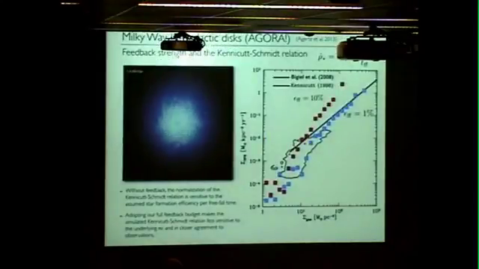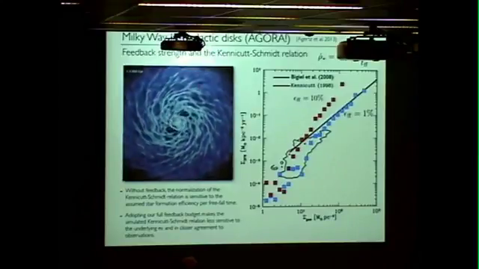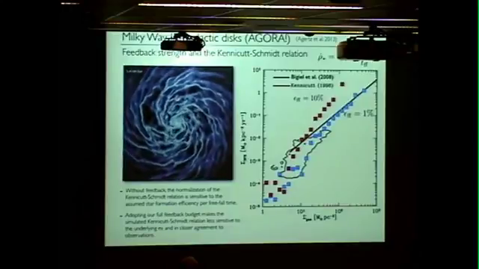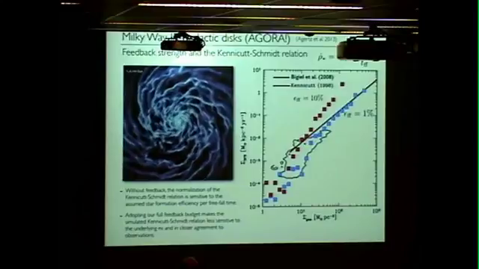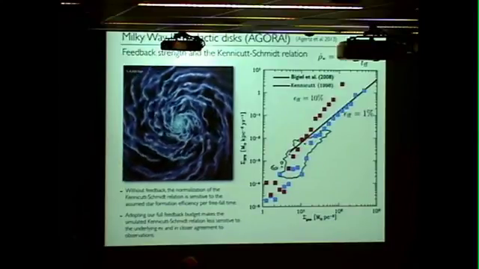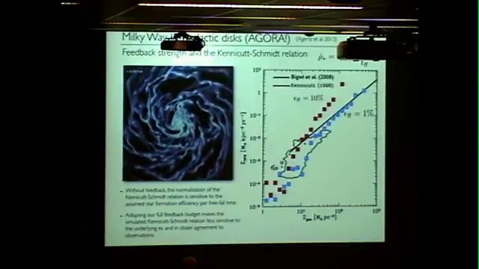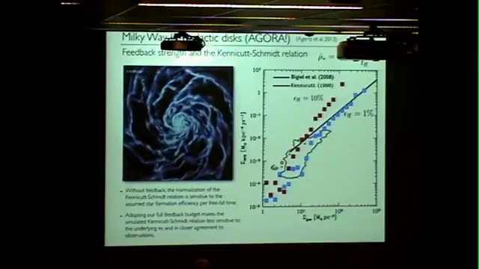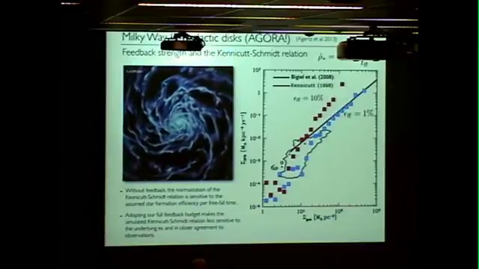We then go to larger scales, and this is now a Milky Way-like galactic disk, and in fact it's the AGORA initial conditions, which we're going to talk about more later in the week. What we did here was focus mostly on how star formation proceeds, so how efficiently we regulate star formation in this disk. When we compare our simulated data here, these squares, to the data by Bigiel or the older one by Kennicutt 98, if we don't have any feedback, then we are very sensitive to the input efficiency per freefall time that we assume in the gas.